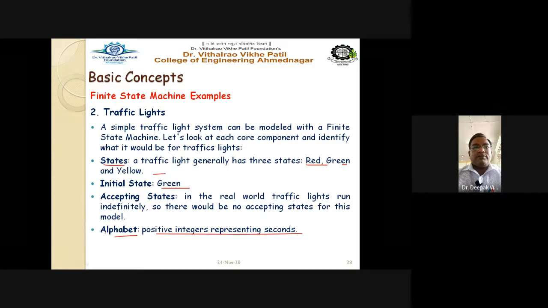So these alphabets are nothing but integer values, the inputs given to those particular states. Means after 120 seconds the red signal changes to the green signal, or after 100 seconds the green signal changes to the yellow signal, right?